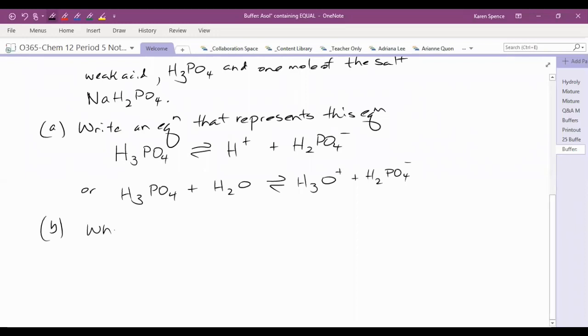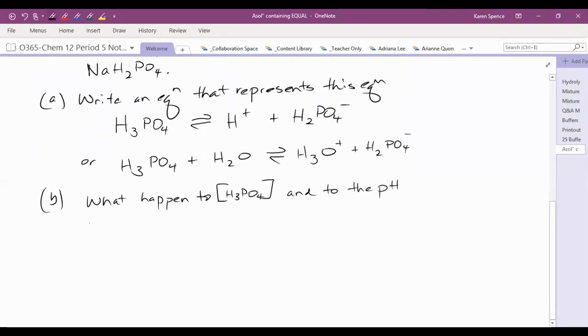All right, second part of this question. What happens to the concentration of H3PO4 and to the pH when a small amount of, let me just make sure I want to use this compound here.